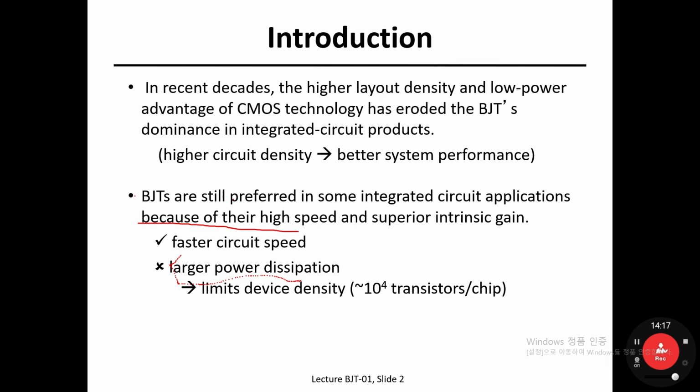Because of this technical issue, circuit designers have well defined and limited the total number of BJT devices in a circuit chip, usually 10 to the 4 transistors per chip as a basic guideline. If you'd like to plug more BJTs into the chip, then you should get a discussion and permission from your boss or your customer.